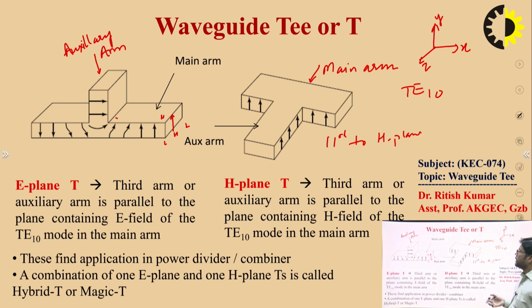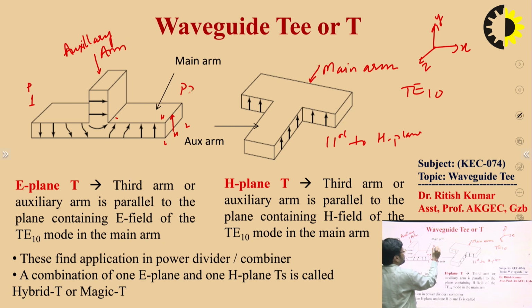In other words, if the auxiliary arm lies perpendicular to the E plane, then this one is the H plane tee. I already explained the terms here. Now, if I say this one is port 1, P1, this one is port 2, and this one is port 3, right.